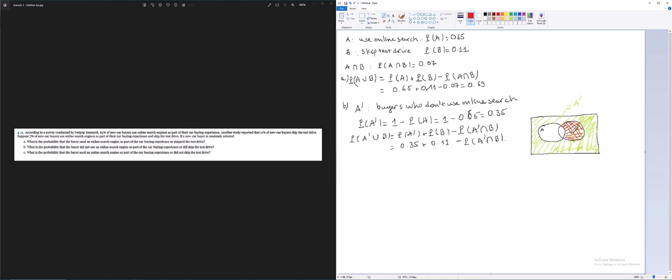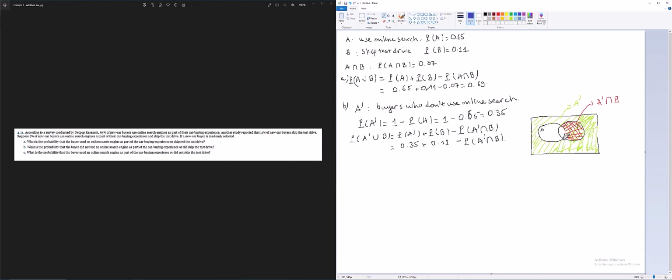Now we don't know what this is, but if you look at the picture, this red part is part of B. The part that is in B but is not red is actually something that we know, right next to the red part. Let me color it using this color.